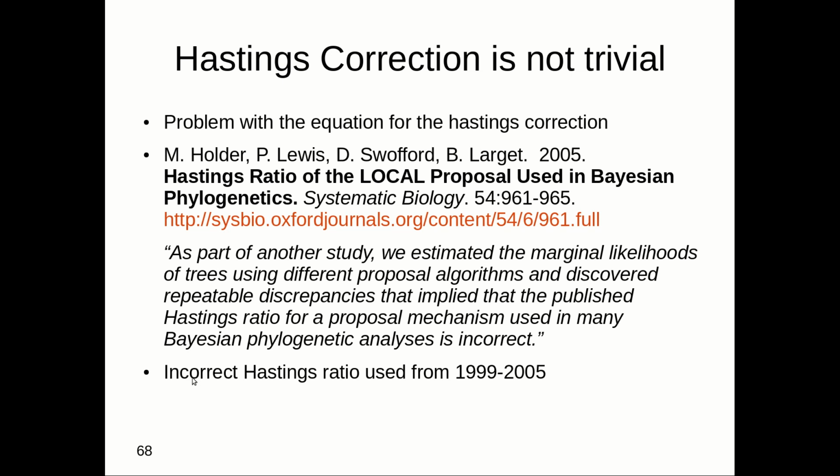This move was introduced in 1999, and the incorrect Hastings correction was used until 2005. This is a very nice paper, and the authors state: as part of another study, we estimated the marginal likelihoods of trees using different proposal algorithms and discovered repeatable discrepancies that implied that the published Hastings ratio for a proposal mechanism used in many Bayesian phylogenetic analyses is actually incorrect.